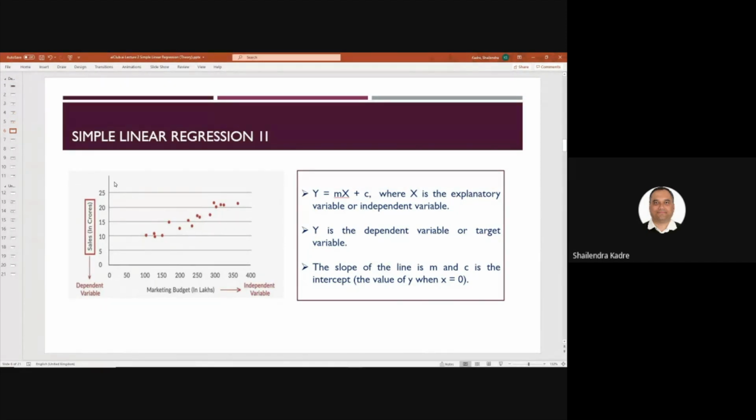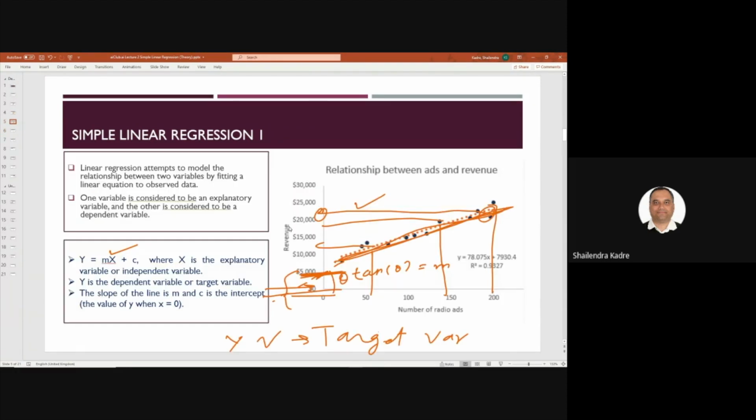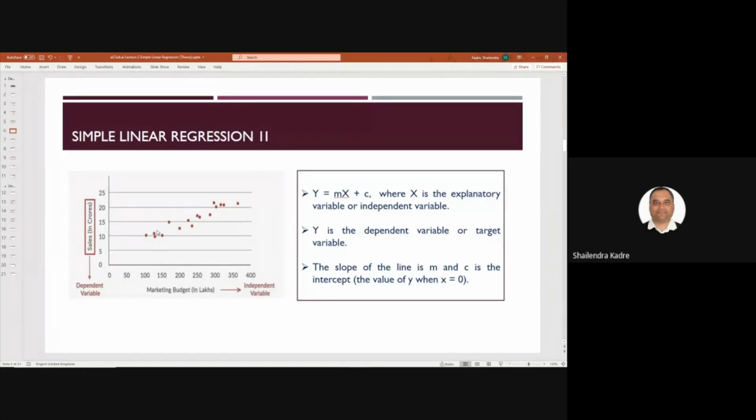But as we increase our marketing budget, our sales also increase. Same story as the previous graph. The points I have plotted, corresponding to a particular marketing budget and sales, are also approximately in a straight line.